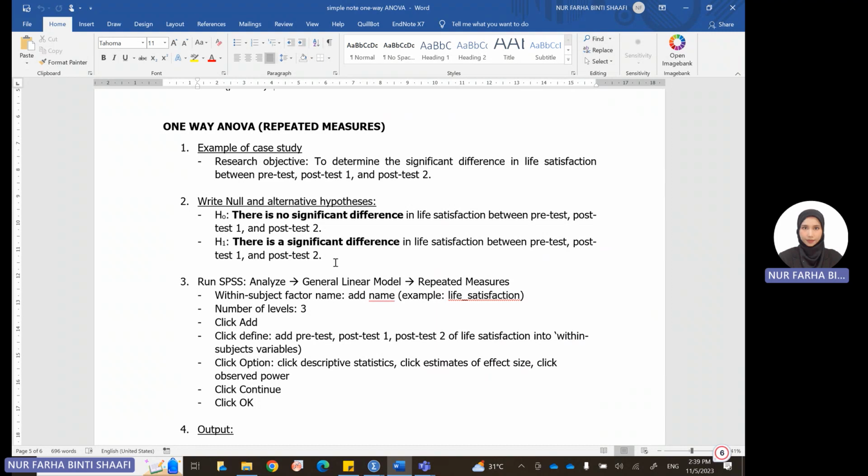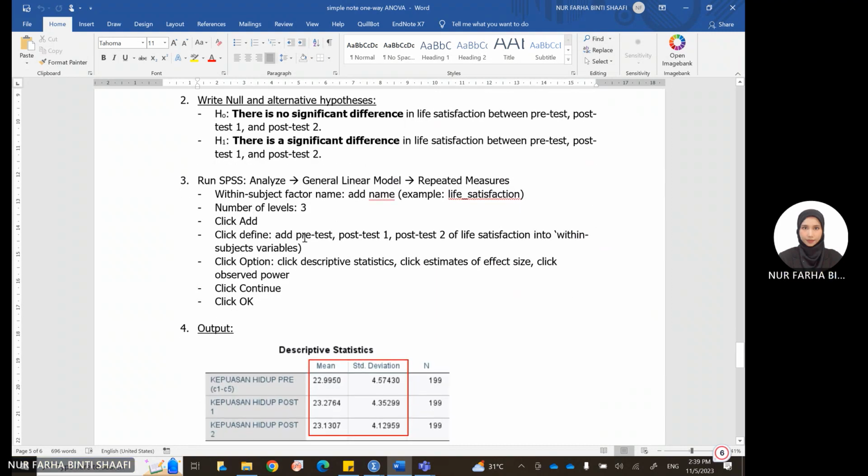As usual. So run your SPSS. What you need to do is different from the one-way Anova from the first and second example just now. No longer you click compare means. So what you need to click, general linear model.